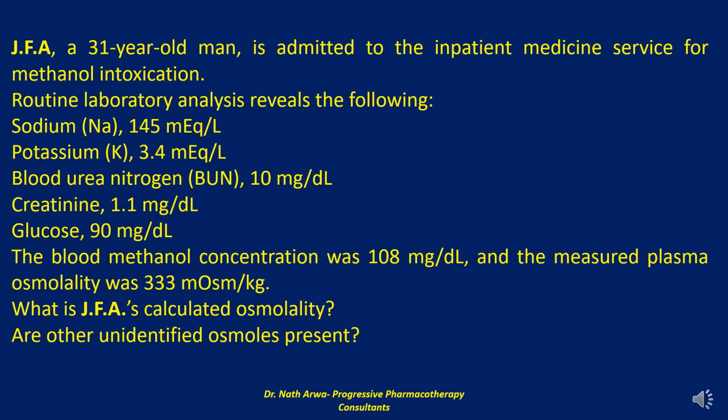The blood methanol concentration was 108 mg per deciliter, and the measured plasma osmolality was 333 milliosmoles per kilogram. So my question to you is, what is JFA's calculated osmolality? Are other unidentified osmoles present?